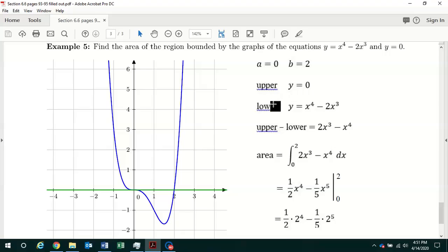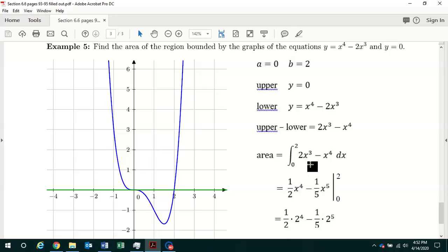When you do 0 minus this equation, the minus sign just changes the sign of each of these terms, and we go from plus x to the fourth to minus x to the fourth, and minus 2x cubed to plus 2x cubed. So the area bounded by the horizontal line y equals 0 and this curve is equal to the definite integral from 0 to 2 of 2x cubed minus x to the fourth with respect to x.